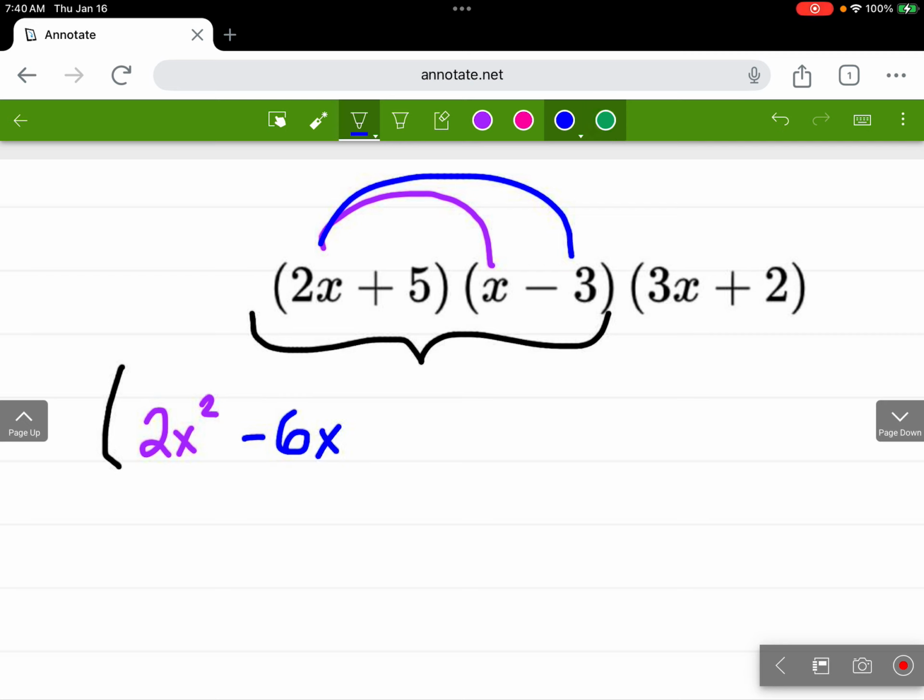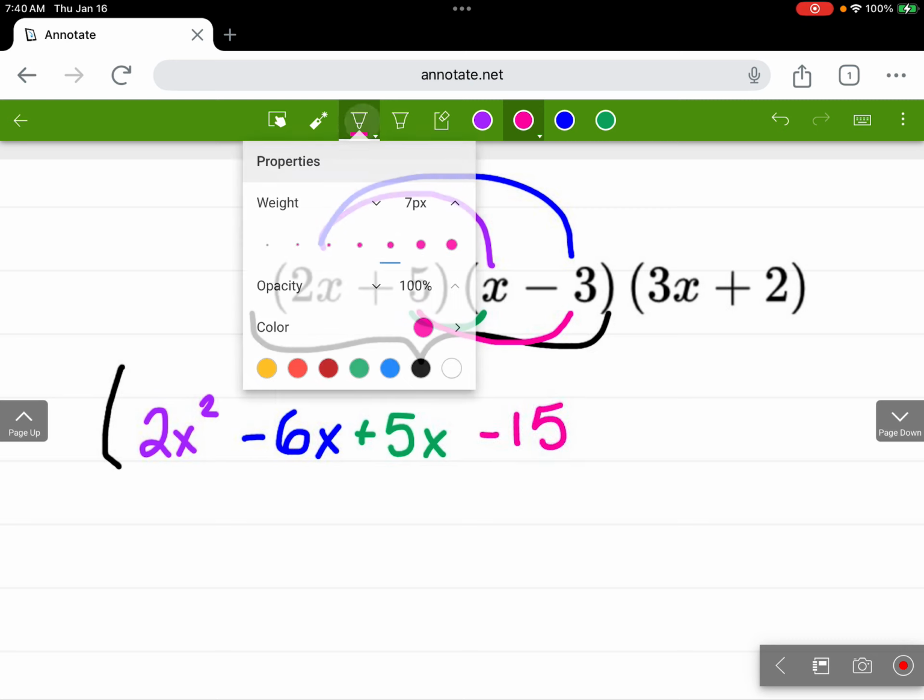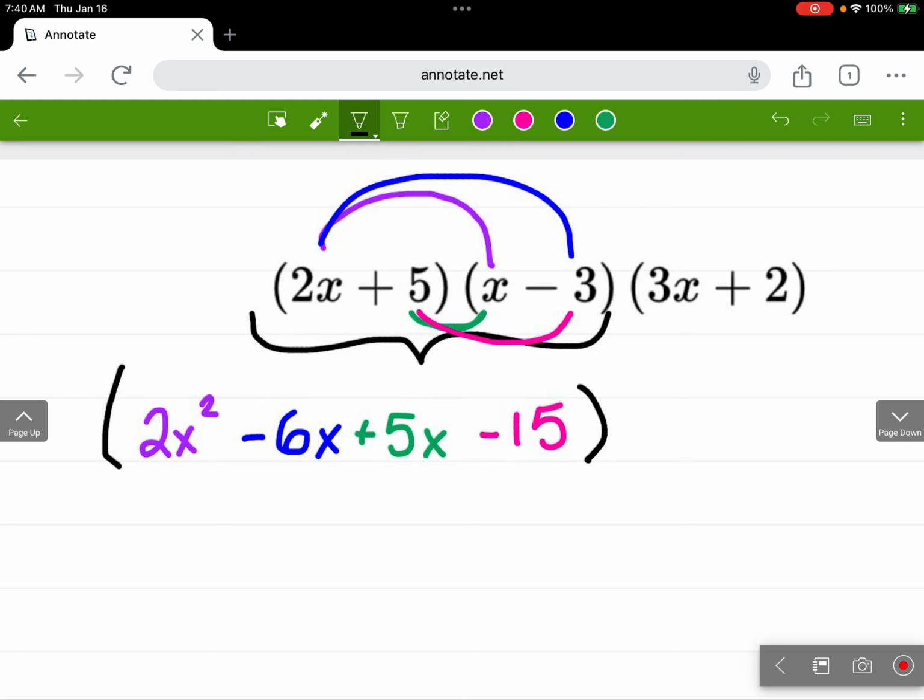Then we're going to take our 5 times x to get plus 5x. And 5 times minus 3 to get minus 15. This thing is still here. Our 3x plus 2 is just hanging out over here.